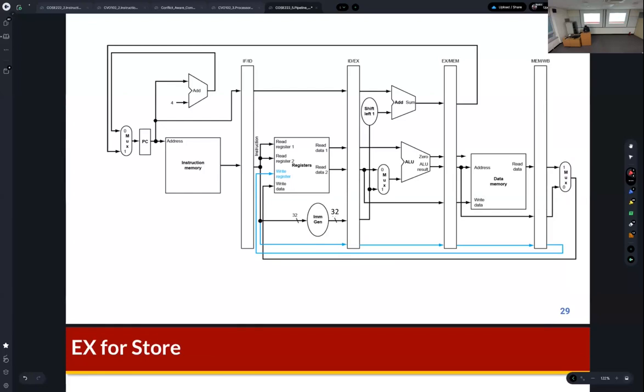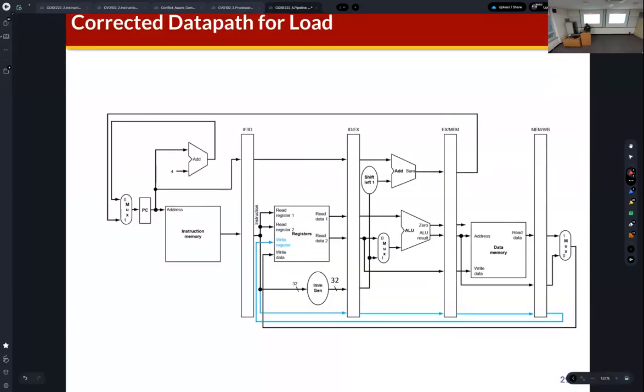So RD is also passed through the pipeline registers until the write back stage, because the data is in the write back stage. Which means that the RD of this instruction also should be in the write back stage.